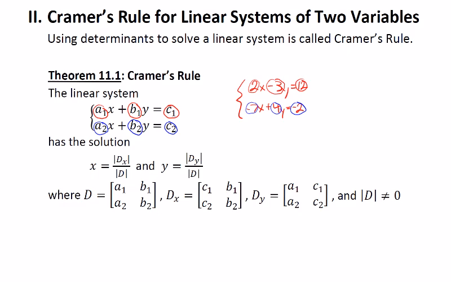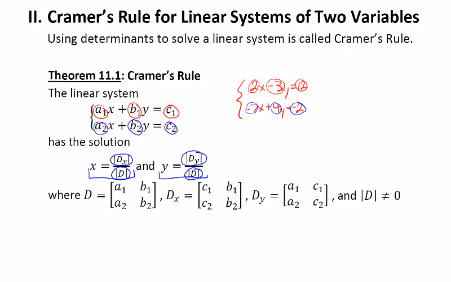The solution is going to be the ratio of some determinants. So x is going to be the ratio of the determinant of Dx divided by the determinant of D, and y will be a similar ratio where it's the determinant of Dy divided by the determinant of D. And I know that you know how to work with ratios because you dealt with ratios back when we talked about slope, delta y over delta x.